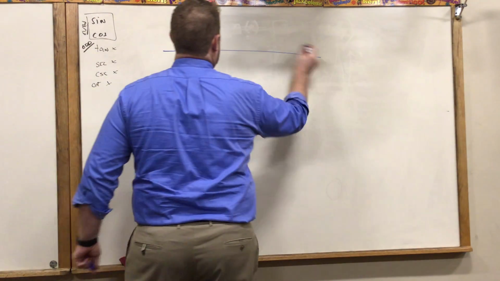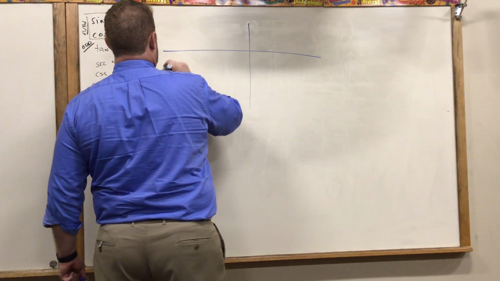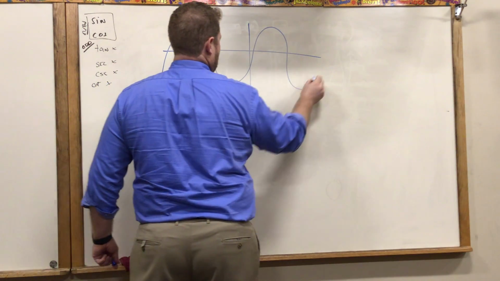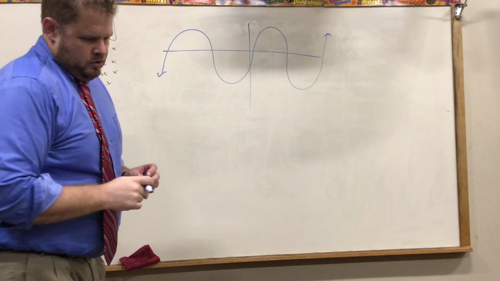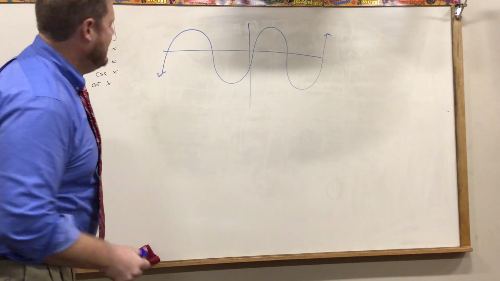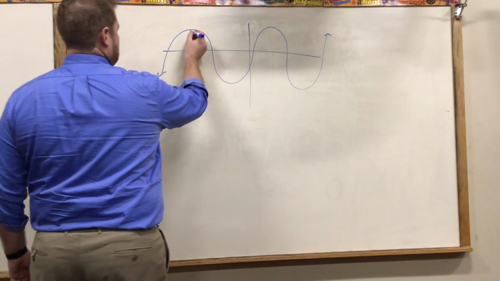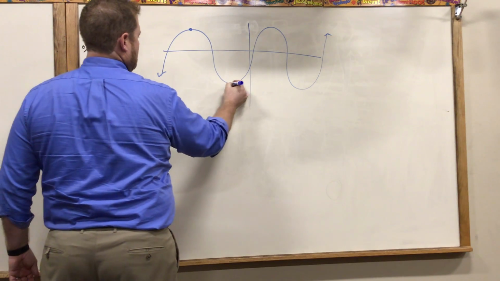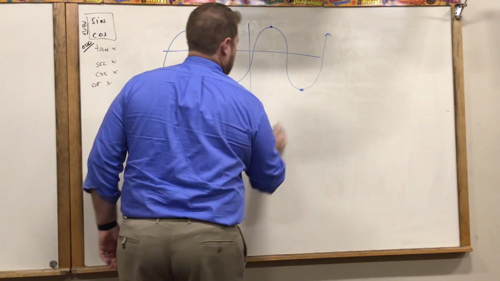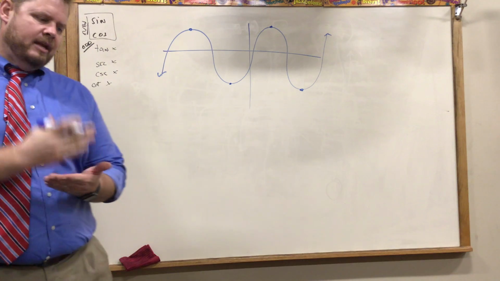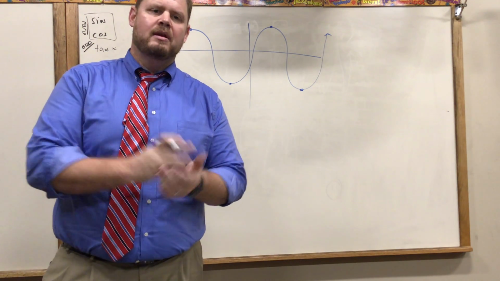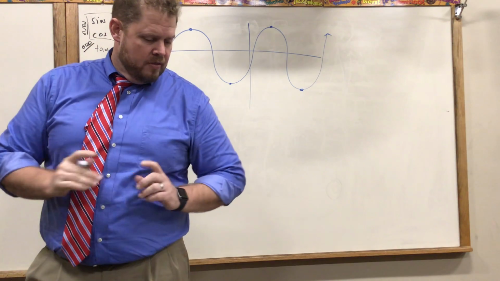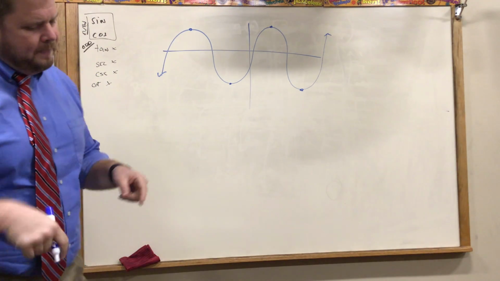So this is a sine wave. So what happens is, when I want cosecant, and remember, sine and cosine are even. Even if I negate them, are they still even? Yes, they're still even. So that means my tails are going to both be up or both be down on my new graph.